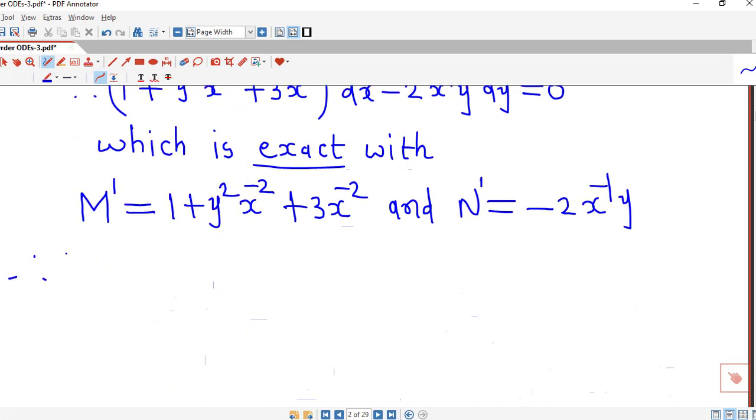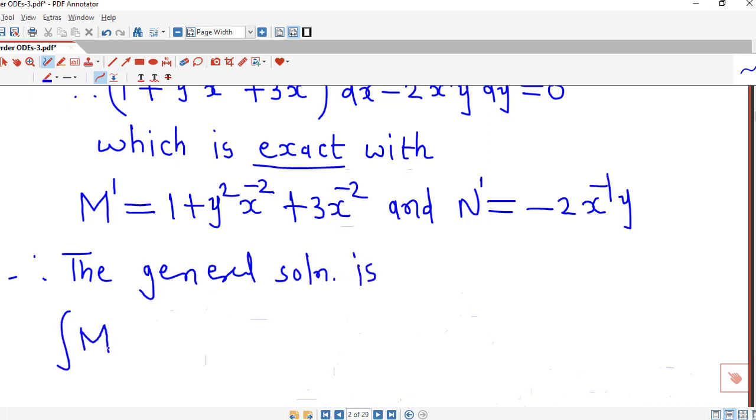Therefore the general solution is: the formula is the same, but instead of m we have m dash, so we write the integral of m dash with respect to x considering y as constant.